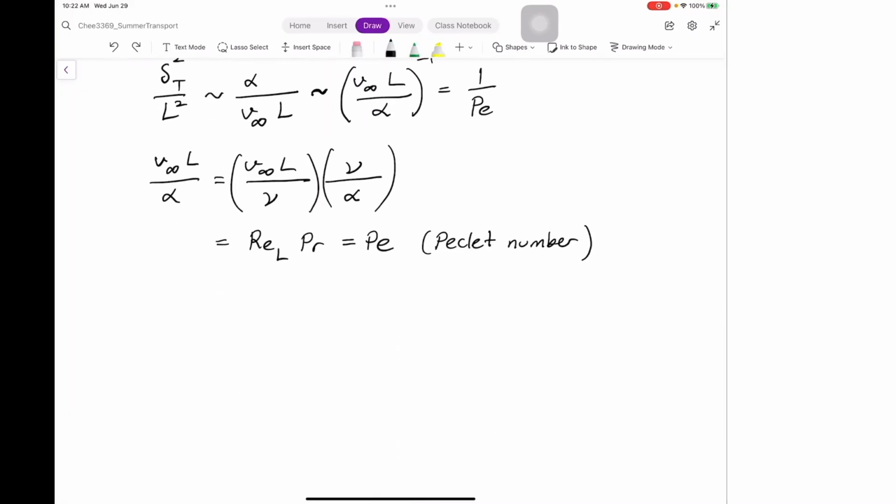So let's see, Peclet number is equal to, we said it's V infinity L over alpha, right? Instead of alpha, you can write down K over rho Cp, correct? So I replaced the alpha by K over rho Cp, the definition of the thermal diffusivity. That's equal to V infinity.